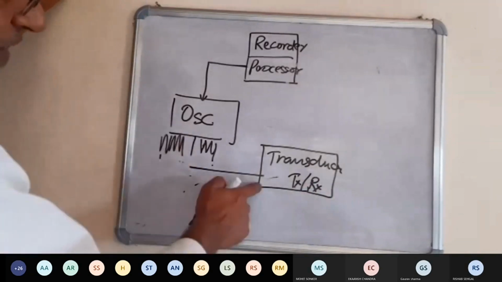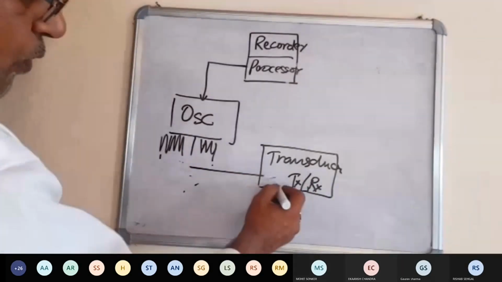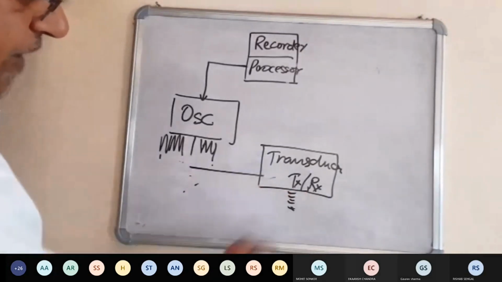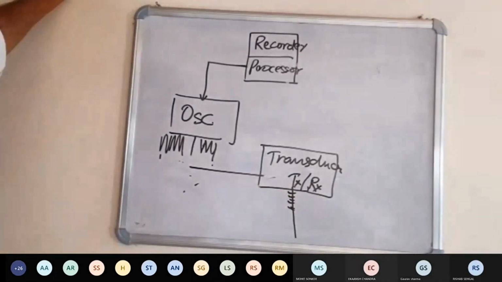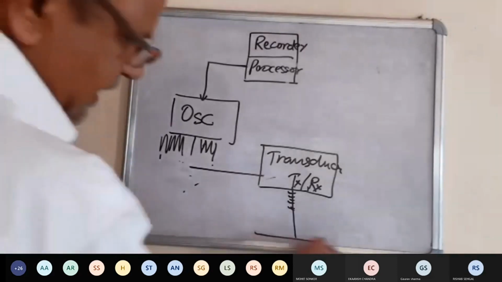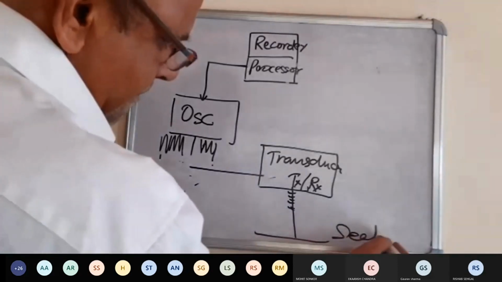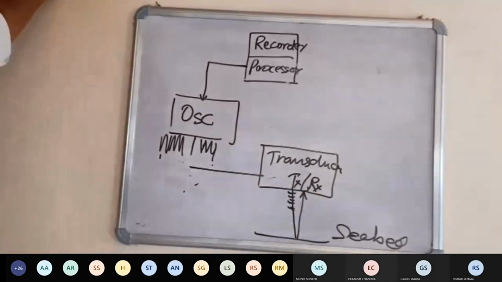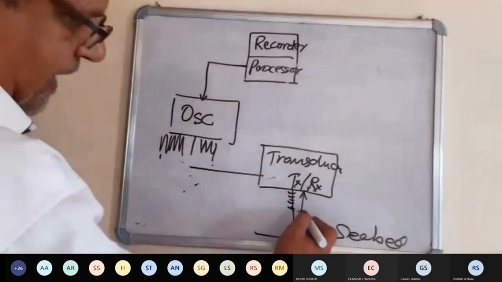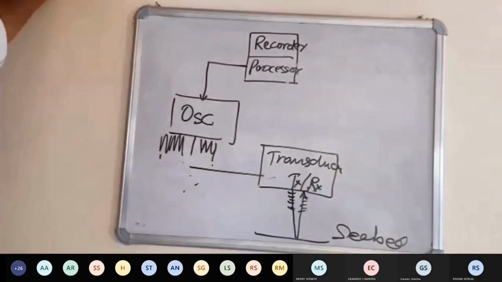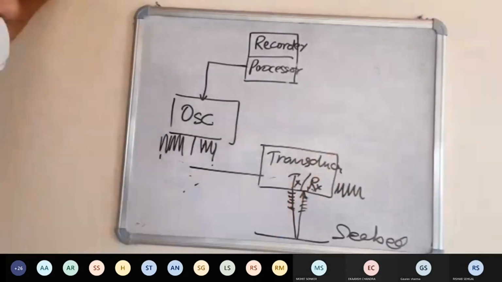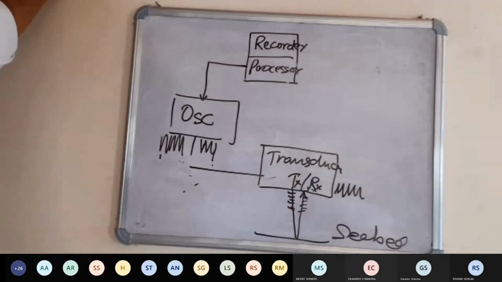The transducer converts this electrical signal into a mechanical sound wave. The sound waves are transmitted. It is hitting the seabed. Then reflected energy is received by the receiver, which is again a sound wave. But the transducer converts it back into electrical signal.